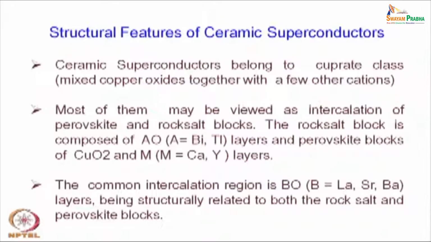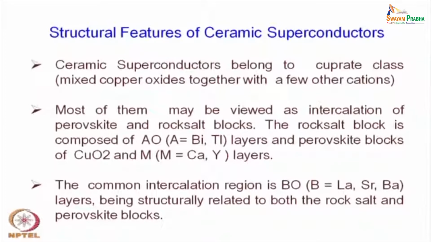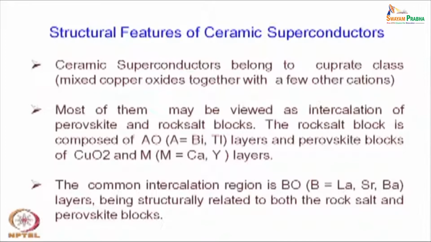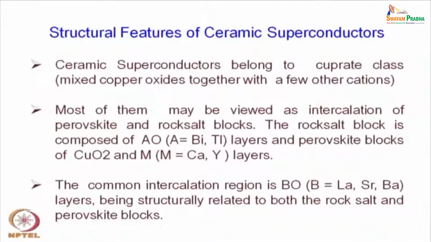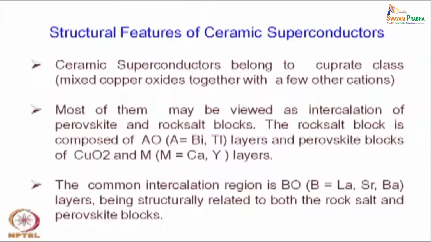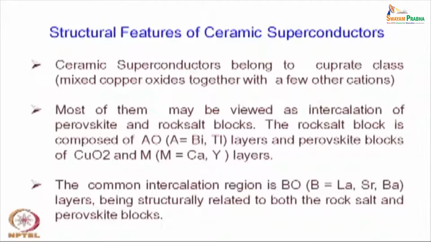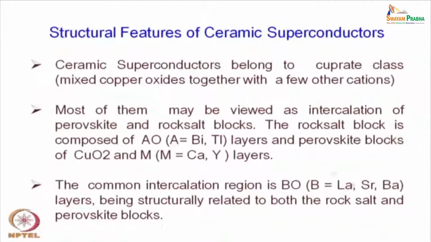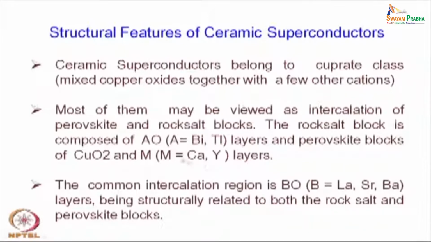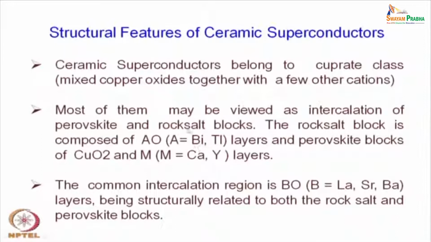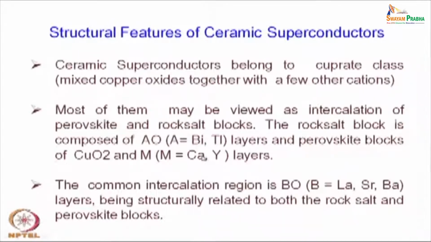So, on one hand you have a perovskite block, on the other side you have a rock salt block, and in between you have an oxide layer of either lanthanum, strontium or barium. So, this is a very simplified description of the structures, the ceramic superconductor structures.